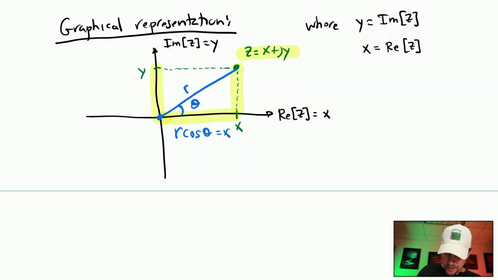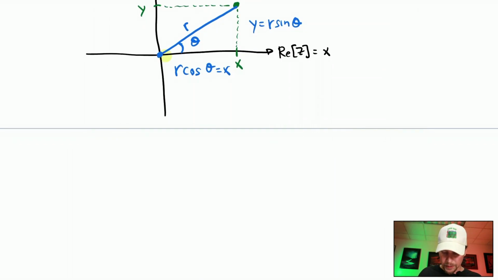Since this and this are identical, we can also say that this side, y, is r times the sine of this angle. So here, the relationship between the Cartesian form and this polar form for the complex number is the following. You can say that x is equal to r times the cosine of theta, y is equal to r times the sine of theta.